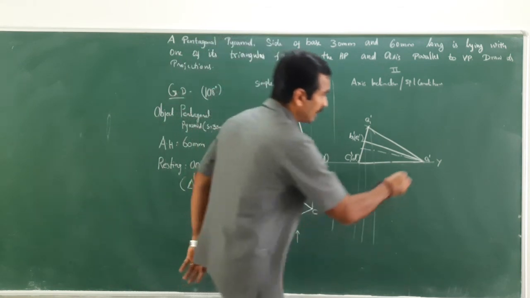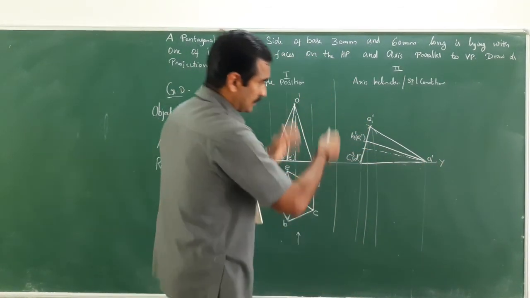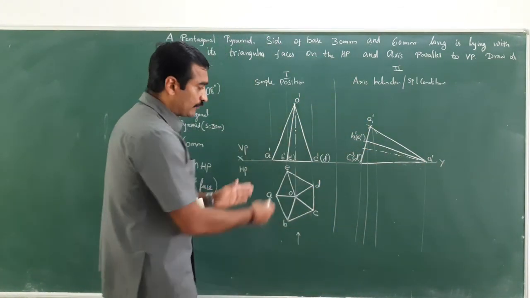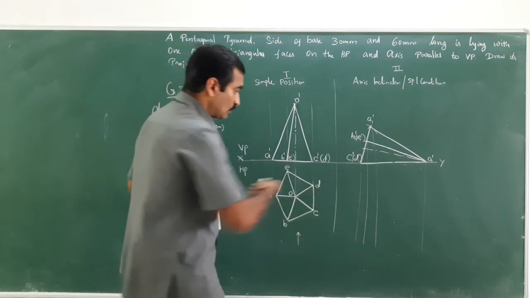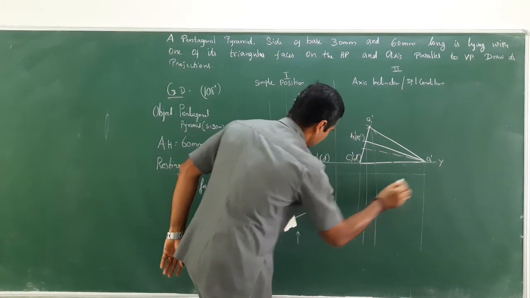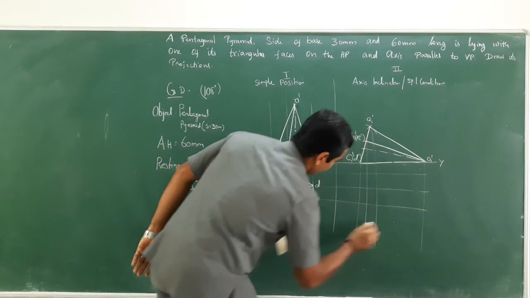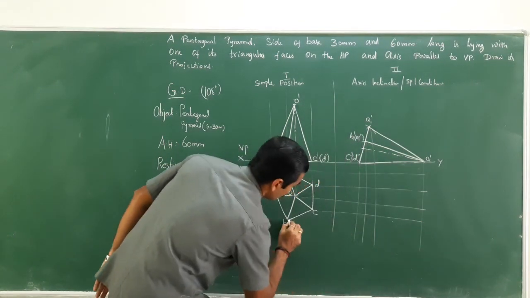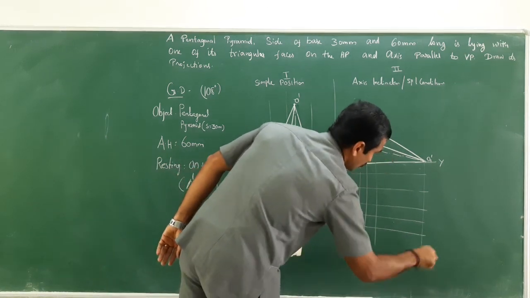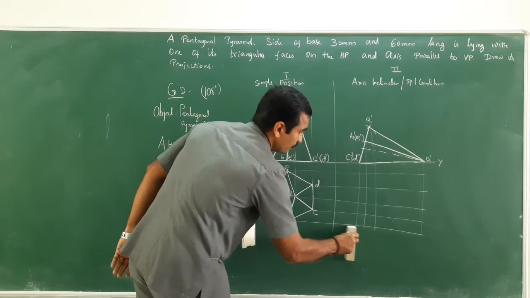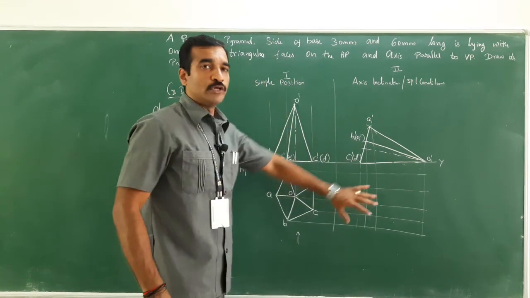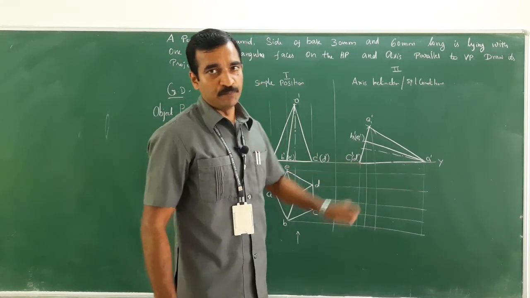Now project all the visible and invisible points vertically down, and from the top view we'll have to draw the horizontal projectors. Now I got a box over here. So within the box only I am going to get the final top view.